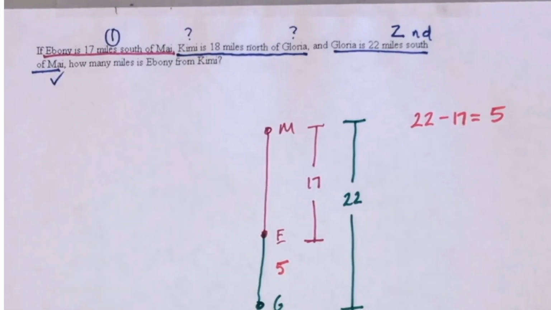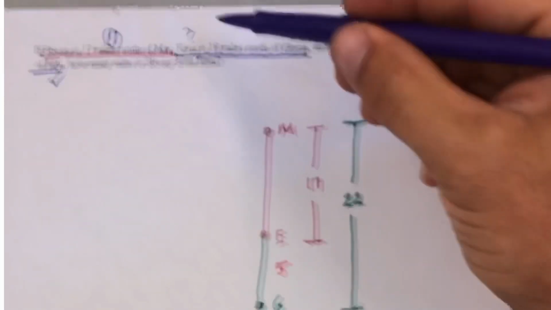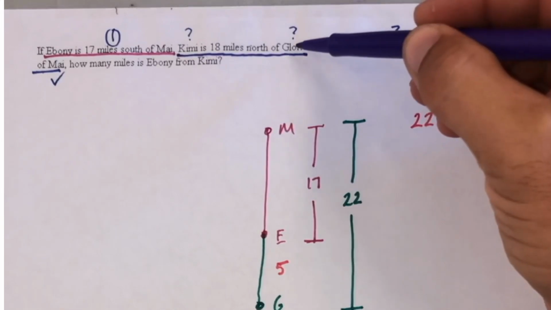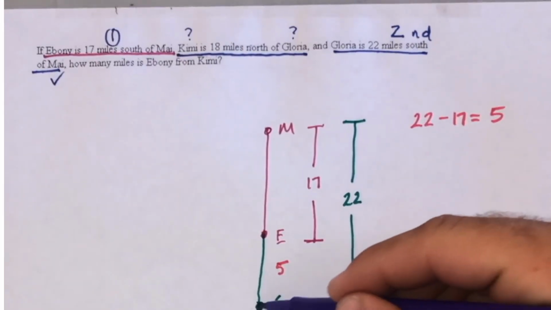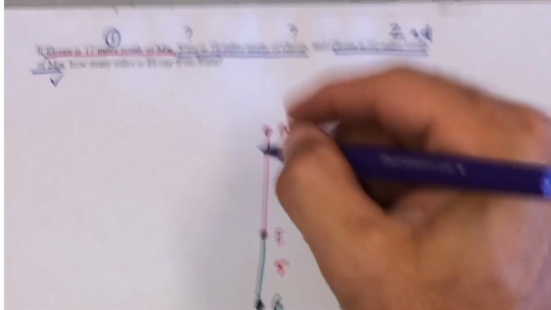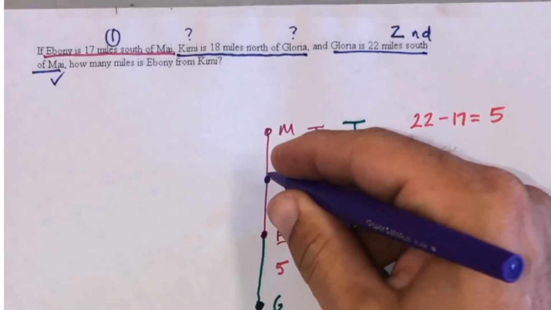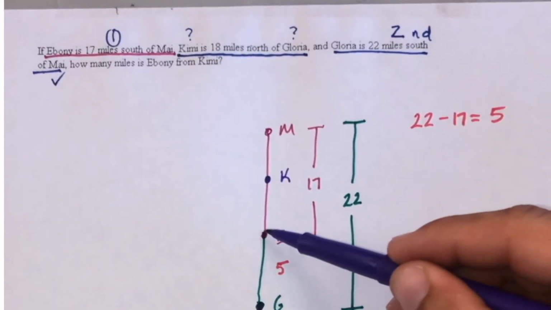Now I'm going to go back to Kimmy and Gloria. Kimmy is 18 miles north of Gloria. So here's Gloria. Ebony is 5 miles north. So that means Kimmy's got to be somewhere up here because she's further north from Gloria than Ebony is.